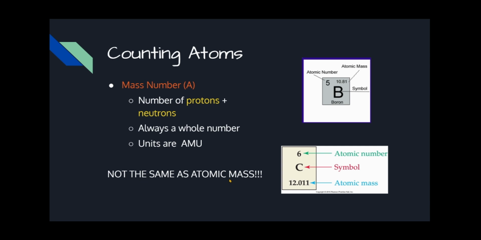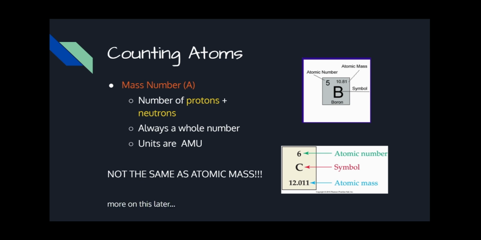So the mass number is the number of protons plus the number of neutrons. It will always be a whole number. It is not the same as the atomic mass. You will not find the mass number on the periodic table or in the examples here. You cannot look it up on the periodic table. The only way you can find the mass number is by adding the number of protons and the number of neutrons.